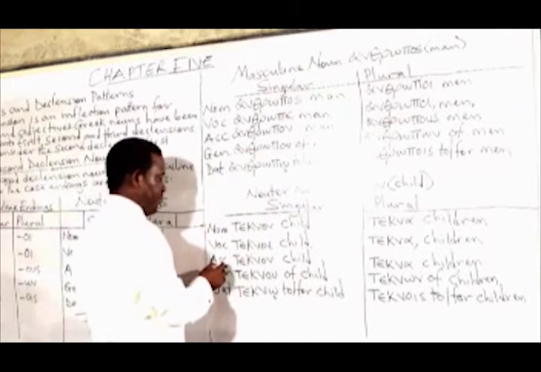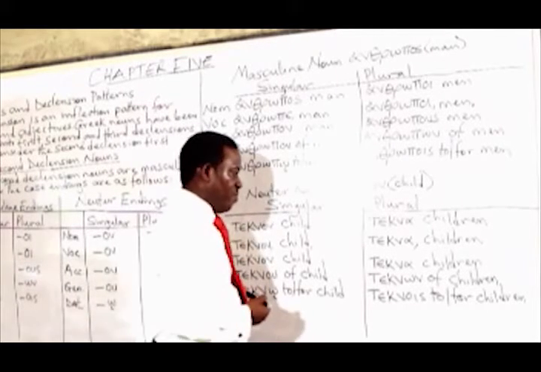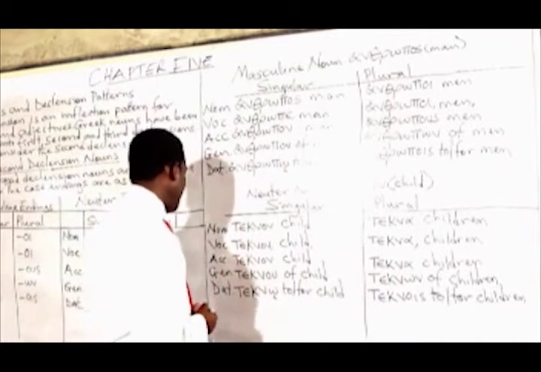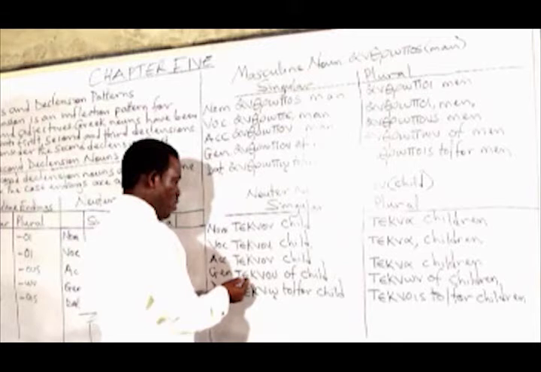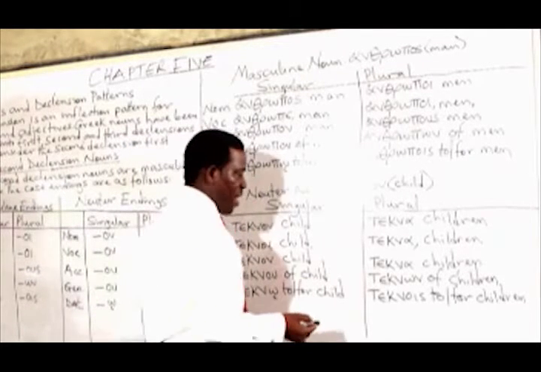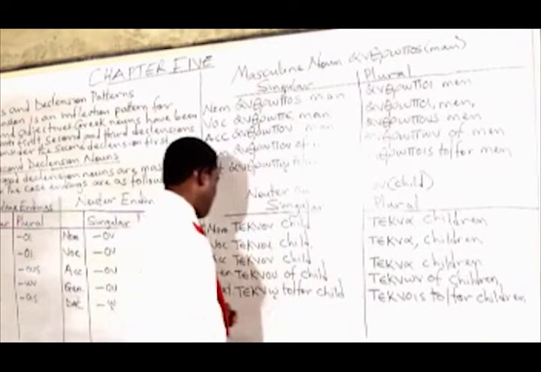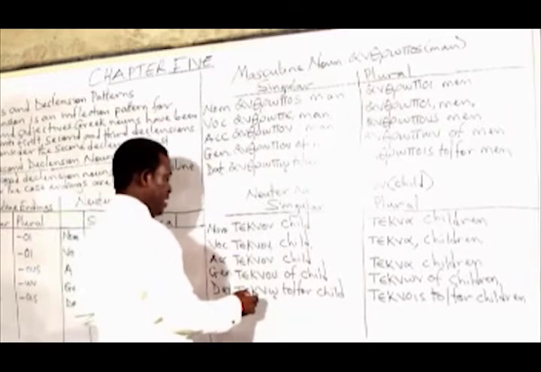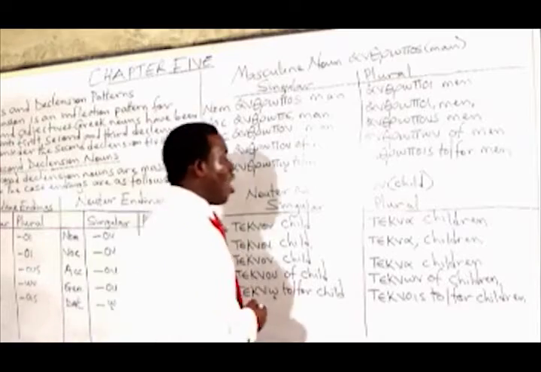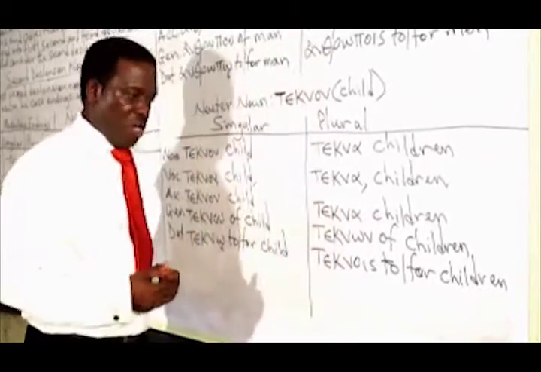In the accusative, we have teknon, child, because it's direct object. In the plural, we have tekna, children. Genitive singular, teknou, and it means of child. In the plural, teknon, it means of children. We come to dative singular, tekno, to or for child. Teknois, the plural, and it means to or for children.